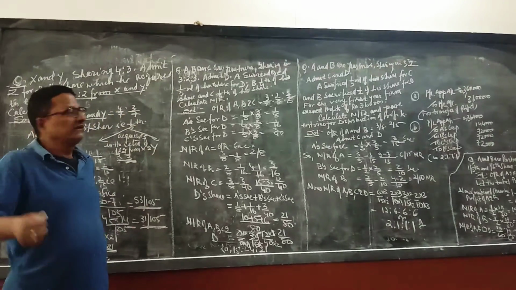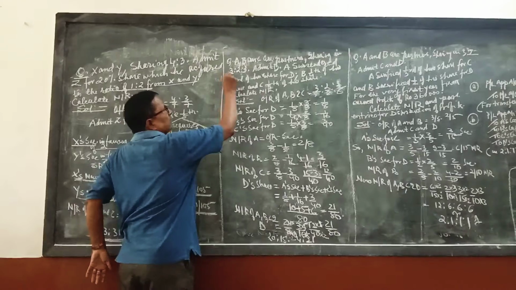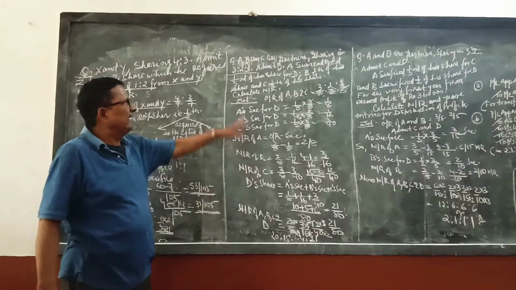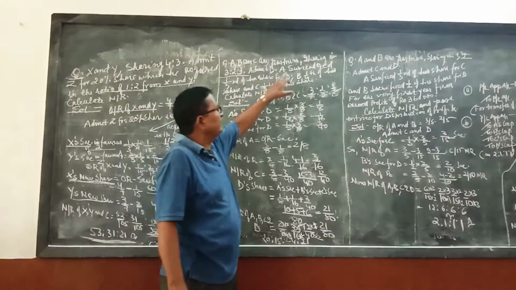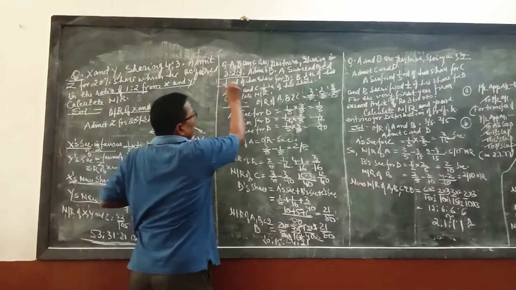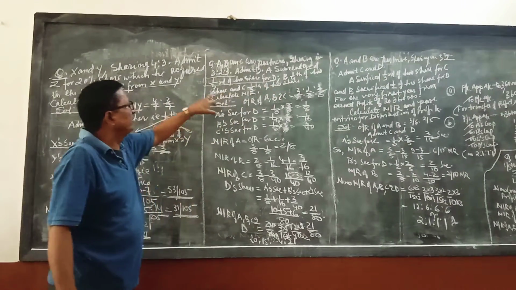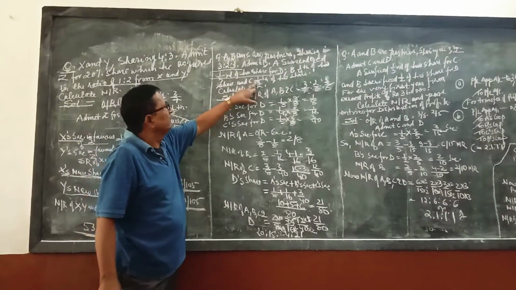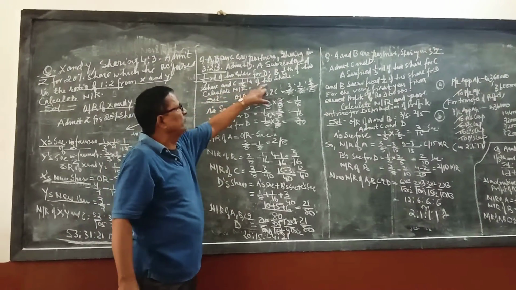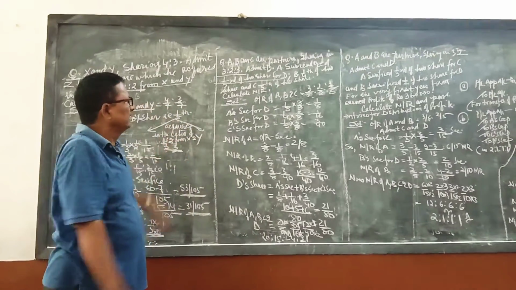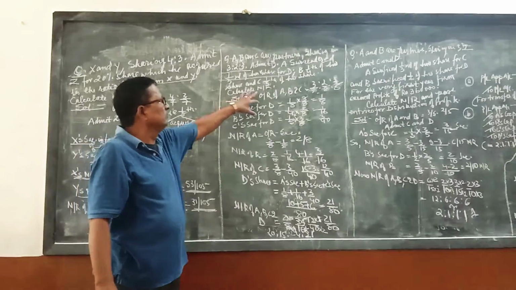A, B, C are partners sharing profits in the ratio of 3:2:3. They admit D. A surrenders 1/3 of his share in favor of the new partner D, and B surrendered 1/4 of his share in favor of D, and C surrendered 1/5 of his share in favor of D. Now you are asked to calculate the new ratio.